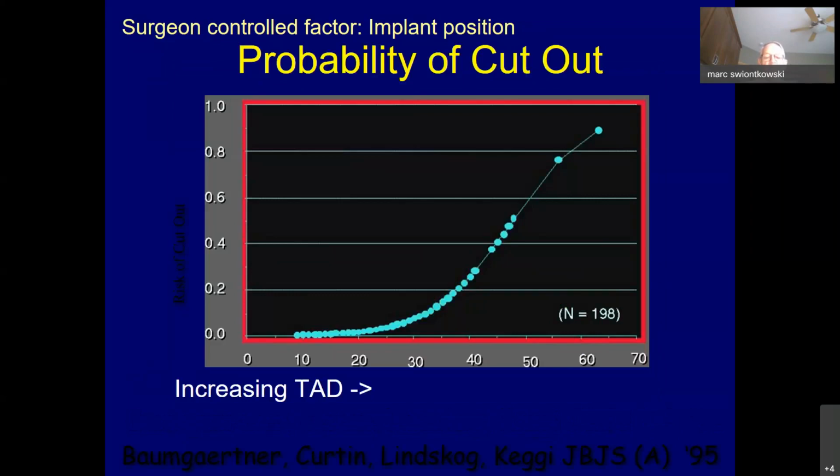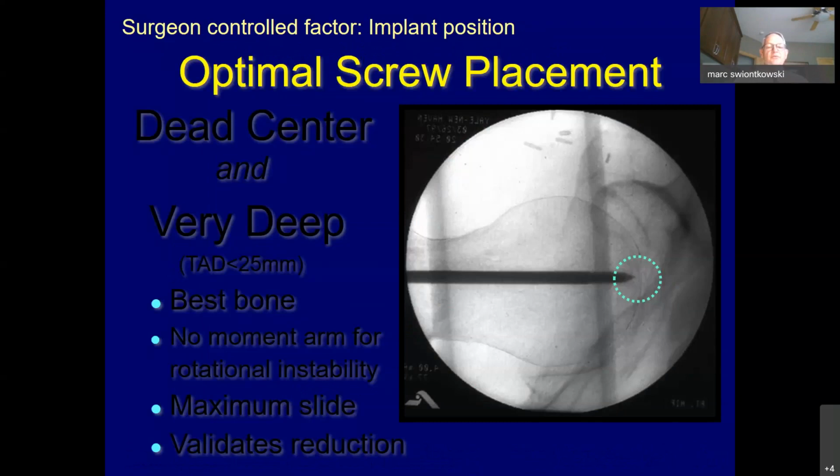This is showing the data in a different graphical presentation, showing increasing tip apex distance relating to screw cutout. And of course, the worse the bone density, the higher this risk is increased. So the screw has to be dead center on both views.